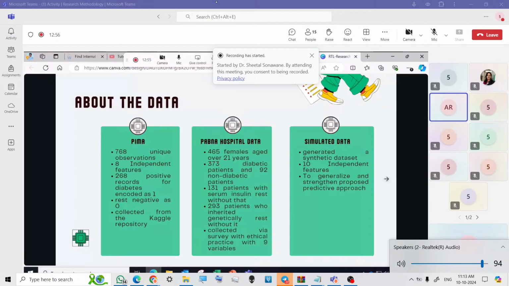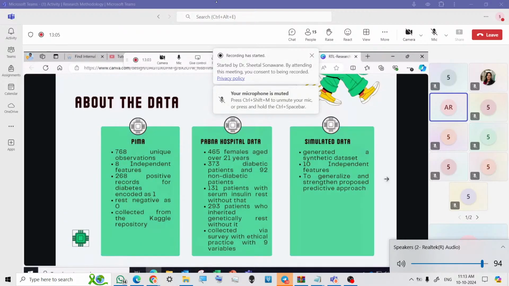Suppose that we are having some positive and negative cases, like 268 positive records which are encoded as one, and the remaining 500 are nothing but negative diabetes patients. So this is what we are having with respect to the PIMA data set.